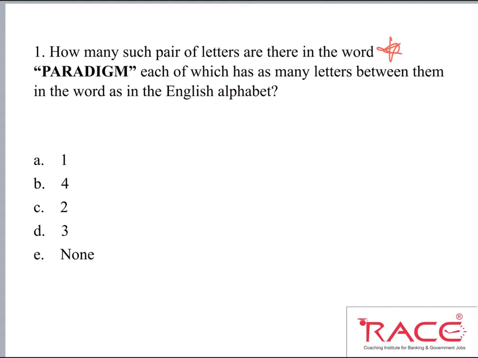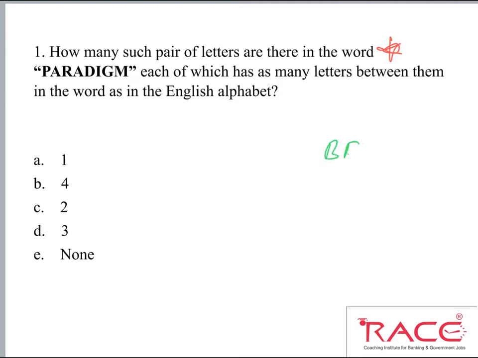So this is a very basic concept. They are asking for the pairs of letters in the given word which have exactly the same number of letters between them as in the English alphabet series. So I will explain this concept with a simple example.